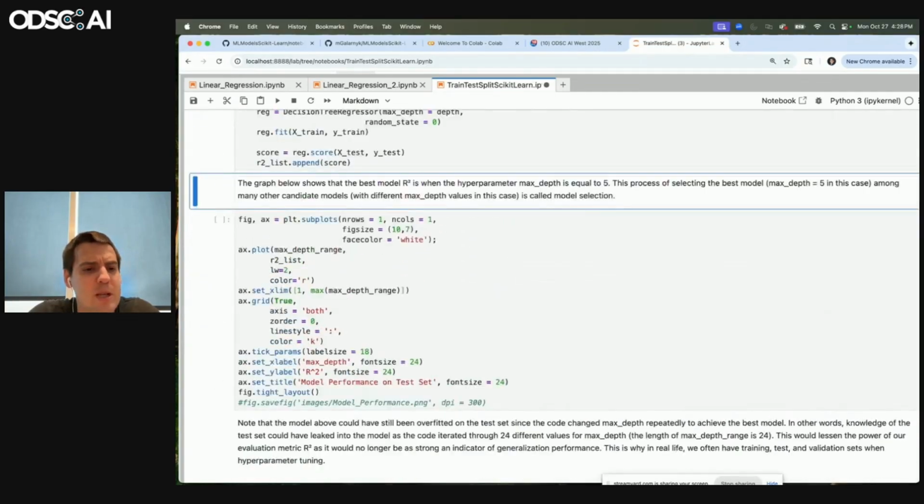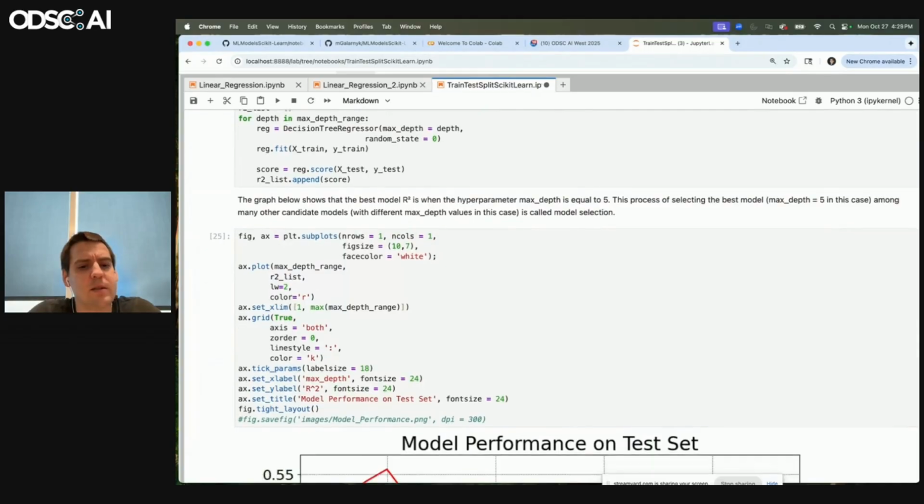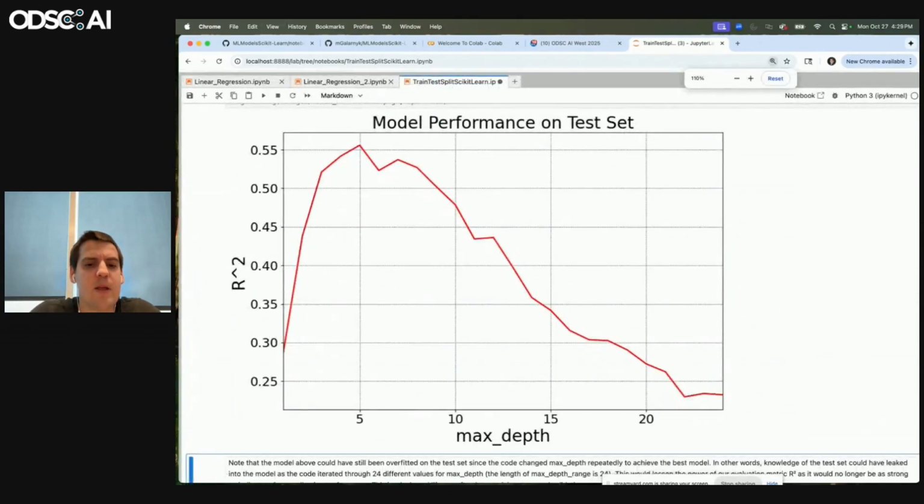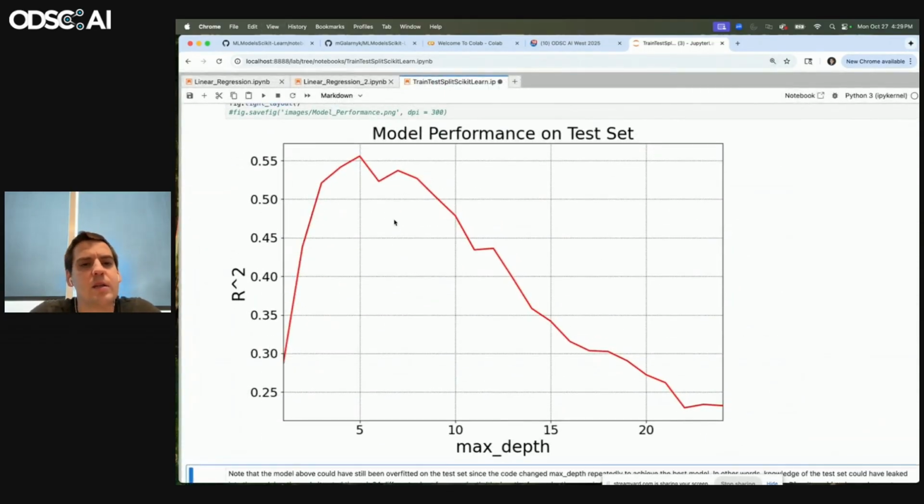One thing I want to mention here is that when we actually run this, we end up finding something kind of interesting. The model performance on the testing set seems to be pretty good for, let's say, a max depth of 5, despite the fact that I've only fit 5 columns on this data. It's not the best.